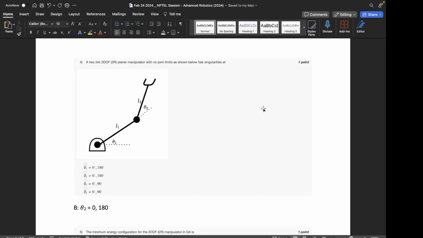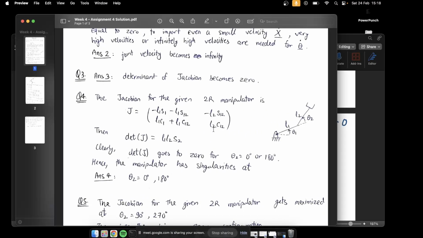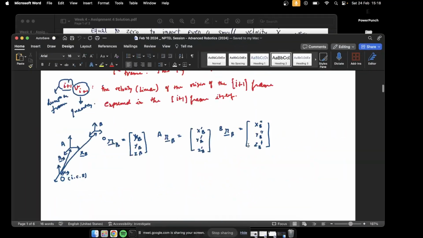As you would remember, we drew the workspace of the 2R manipulator, and if the second link is smaller than the first link, it turns out to be an annulus or a ring, right? And at the boundary of that workspace, we have the singularities. So for the 2R manipulator, the singularities which we have are all boundary singularities.